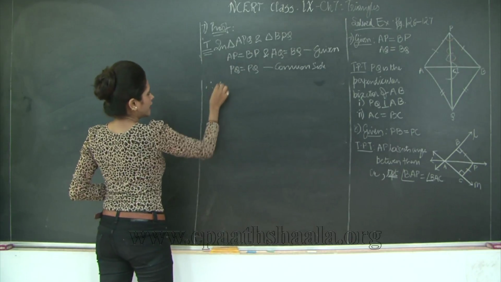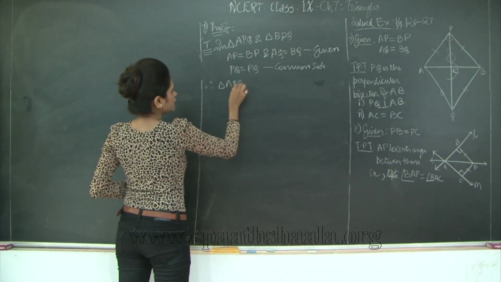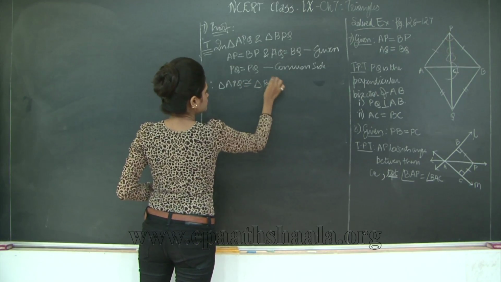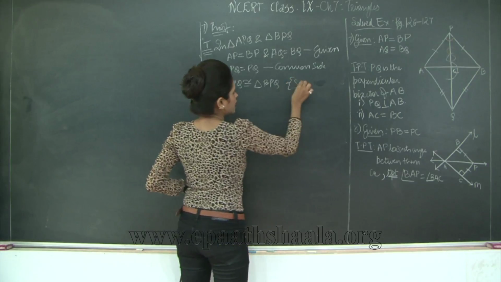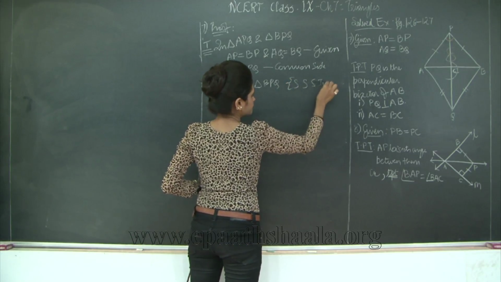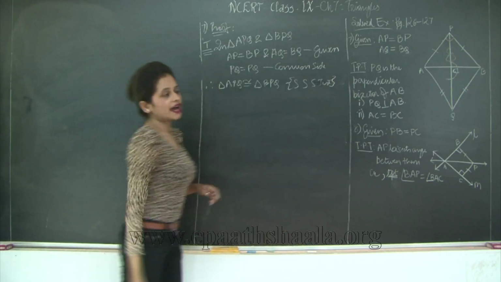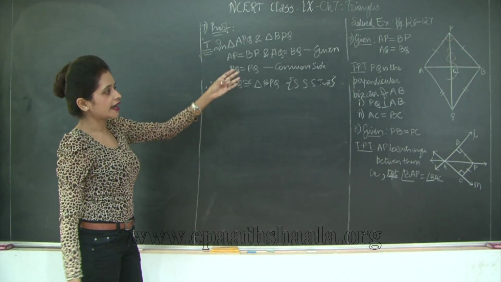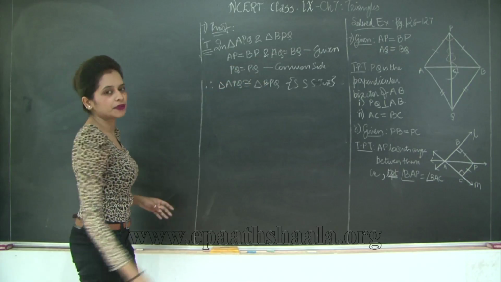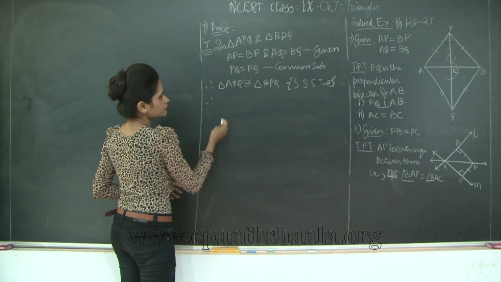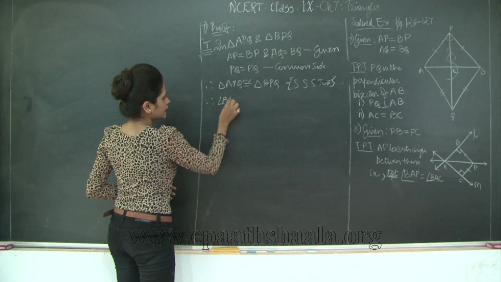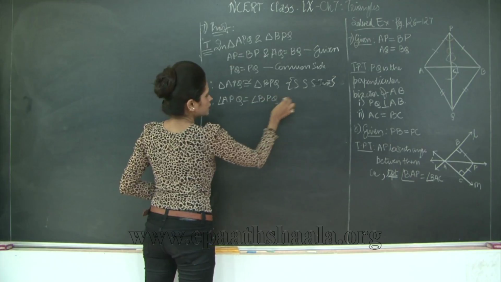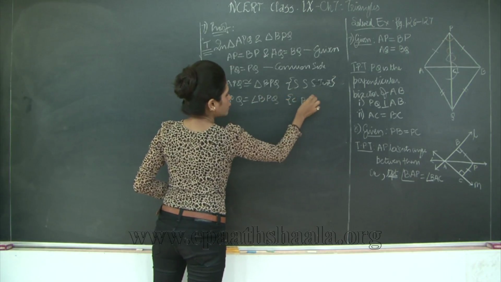Therefore, triangle APQ is congruent to triangle BPQ, SSS test. Therefore, I have angle APQ is equal to angle BPQ by corresponding parts of congruent triangles.